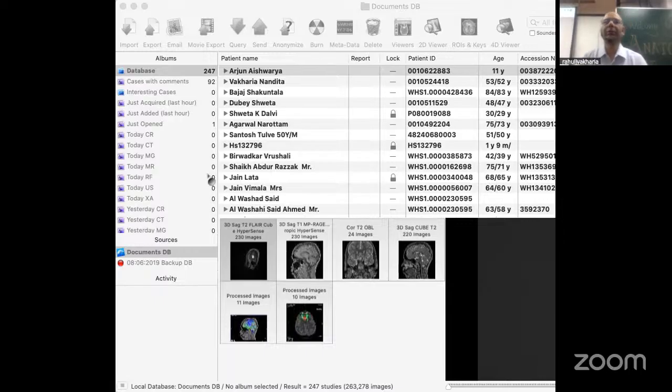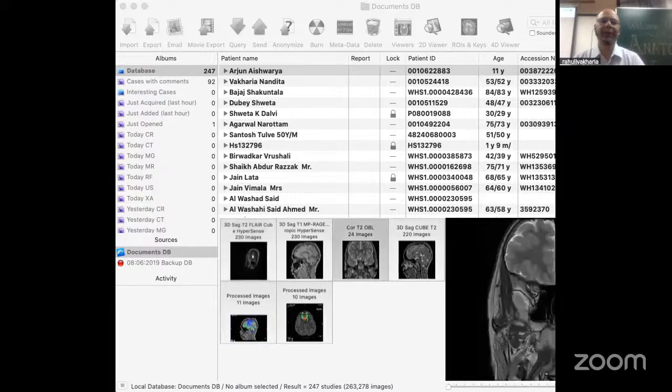Okay, so coming to the real MR, what I've been talking about. This is a T2 weighted image of the hippocampus.